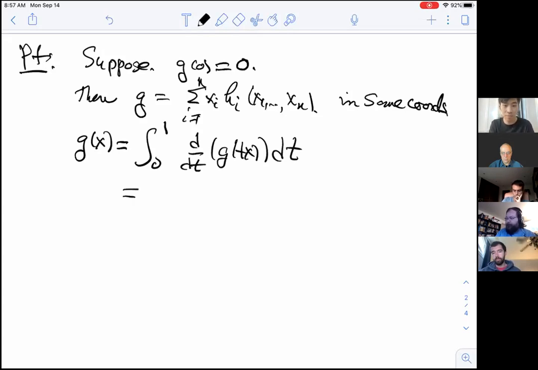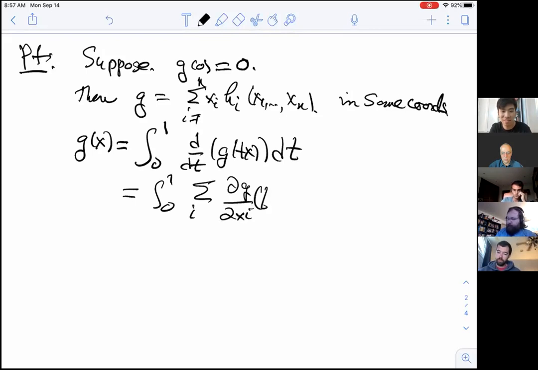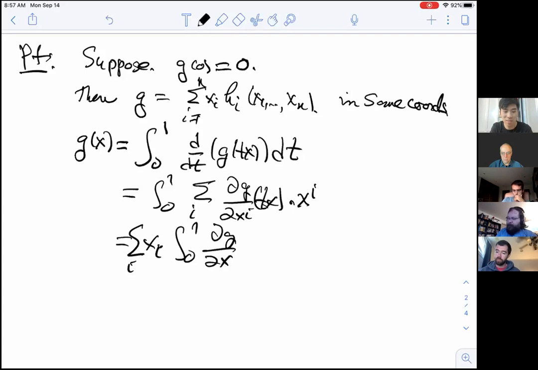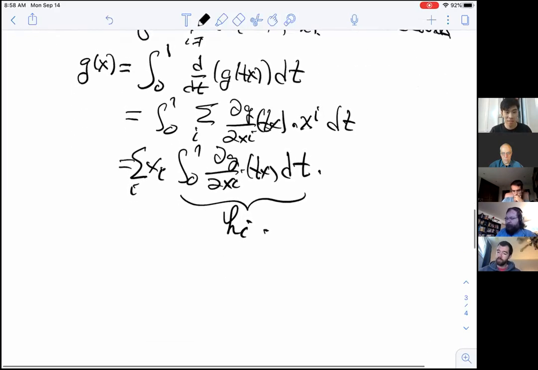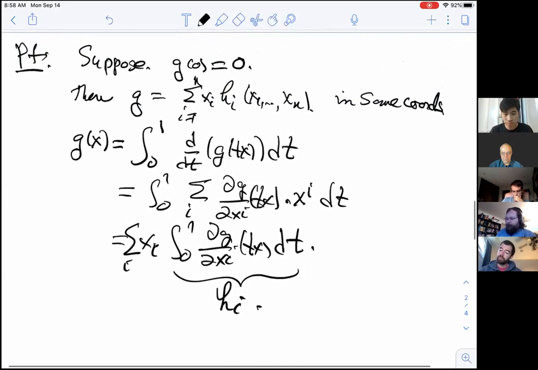On the other hand, by the chain rule, this is the integral from 0 to 1, summation over i of the partial of g with respect to xi at tx times the derivative of tx with respect to t in the i direction. So that's xi. So then you just write this as summation over i of xi times the integral from 0 to 1 of dg dxi at tx, dt. And this is the function hi. Okay? So that's for a function vanishing at the origin.